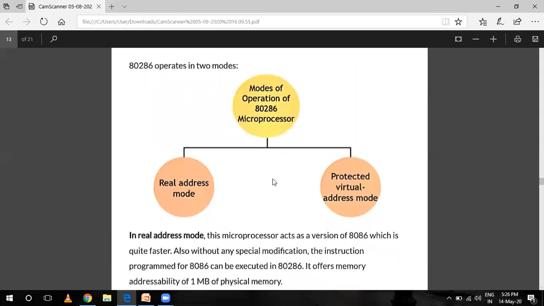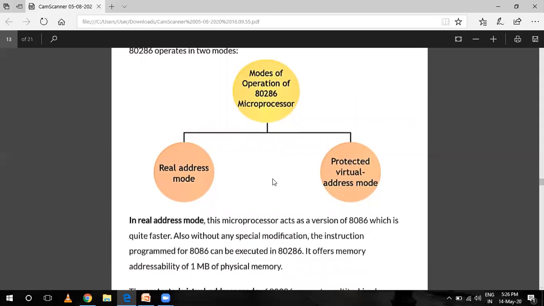In real mode, the microprocessor acts as an 8086, which is quite faster. Also, without any special modification, the instruction program for 8086 can be executed in 80286, as it offers memory addressability of 1 MB of physical memory.